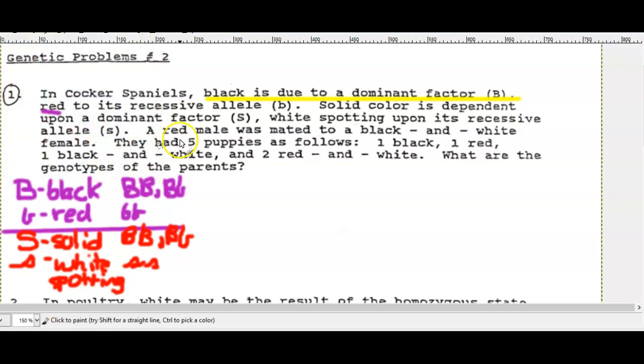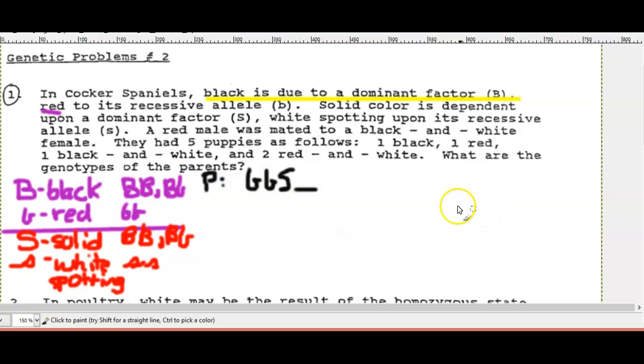So let's go ahead and look at it. Starting right here is our problem. It says a red male. So it's red. Alphabetical order. And it just says red, so that means it's red solid. So here are the parents.